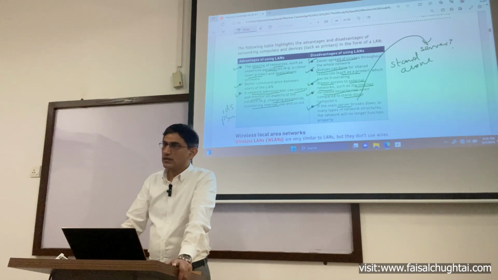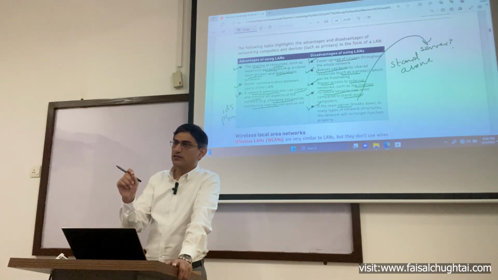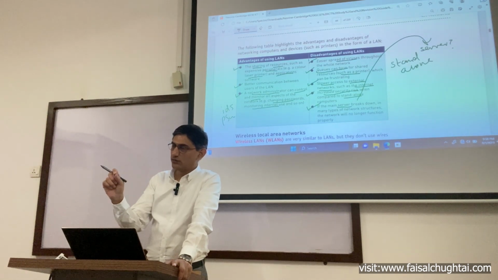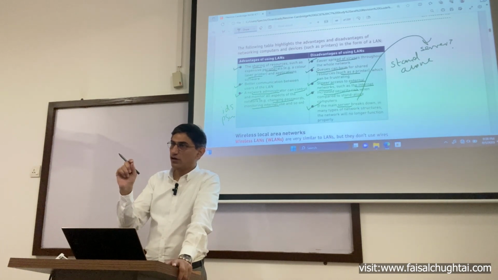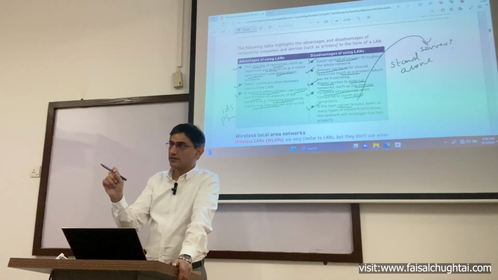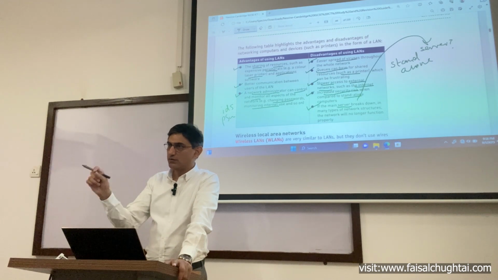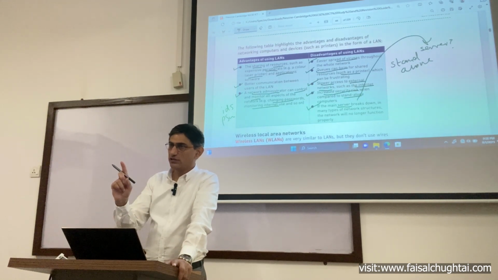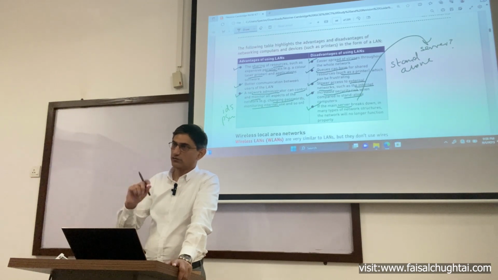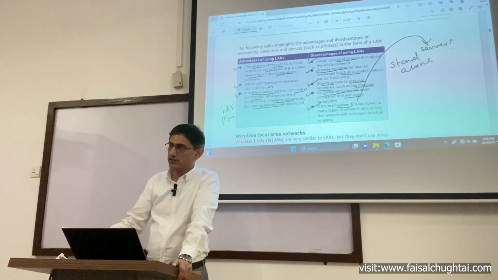So it is very important that the network server is kept up and running all the time, because if something happens to the server, it goes down, then it will not impact one individual, it will impact all network users in multiple ways actually.